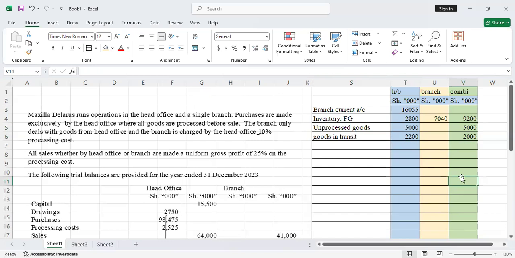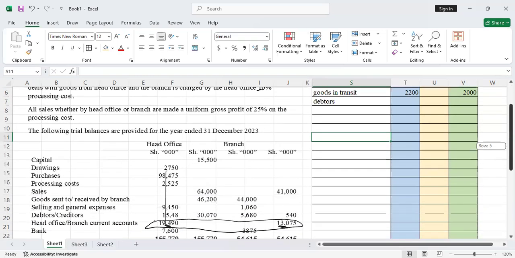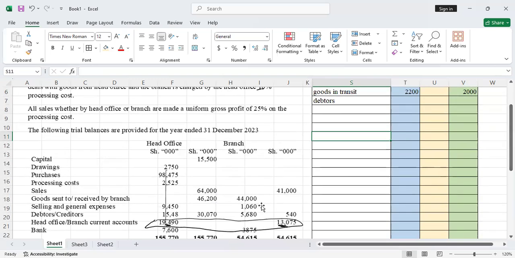Okay. And then next, debtors. They are given, no struggle. Debtors to creditors. There's a mistake here. 15,48 should be 15,480. Pardon me, there's a missing zero here.